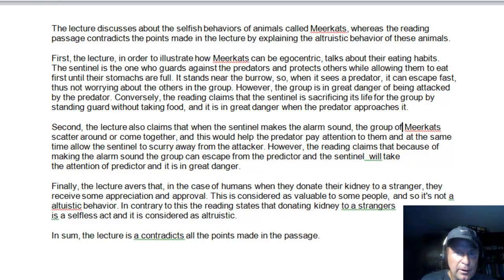The lecture also claims that, I'm going to put a comma here, when the sentinel makes the alarm sound, the group of Murkots scatter around or come together.